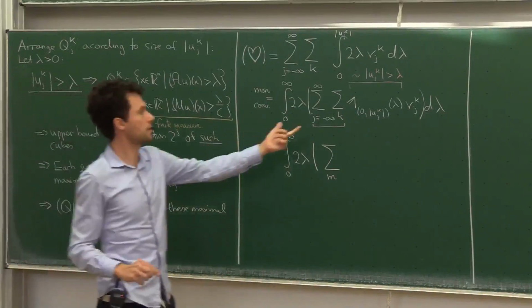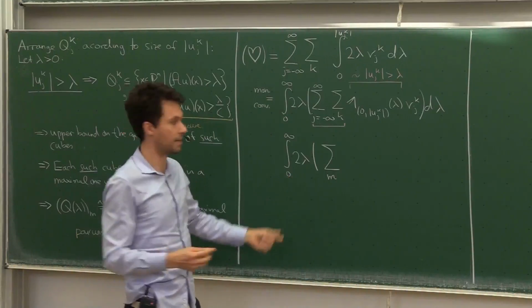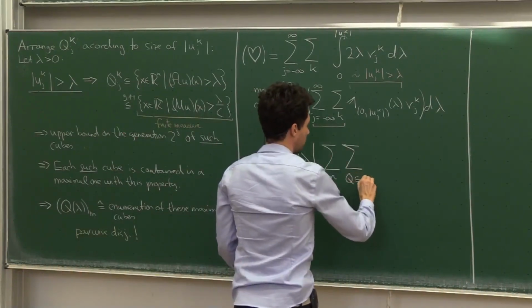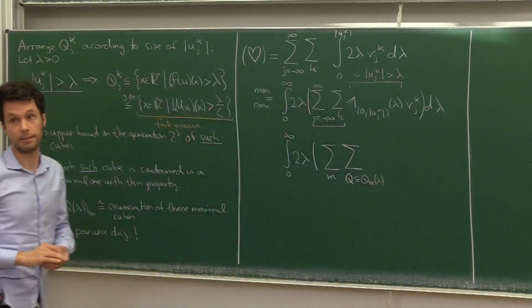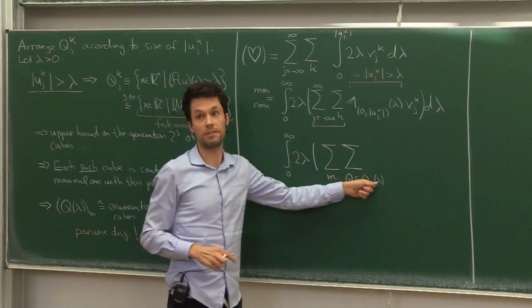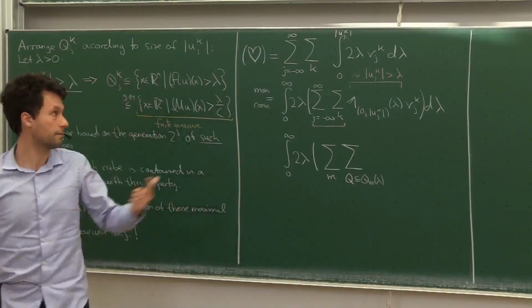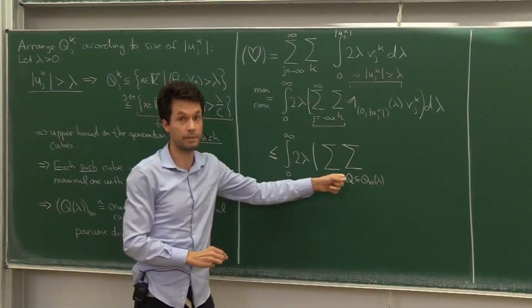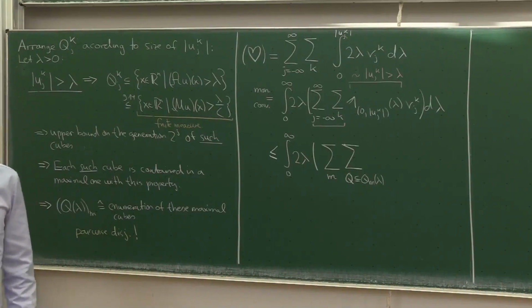And all cubes that are contained in here are contained in one of the maximal guys. So as a second sum, I should introduce Q contained in Q_lambda,M. Then I've been very generous. In fact, I'm going to throw every subcube of this maximal thing into the sum, no matter if they have the property or not, but everything I had before is going to be covered by that case. Okay, and that's the beautiful step here.